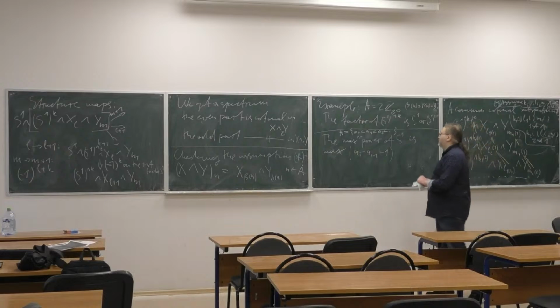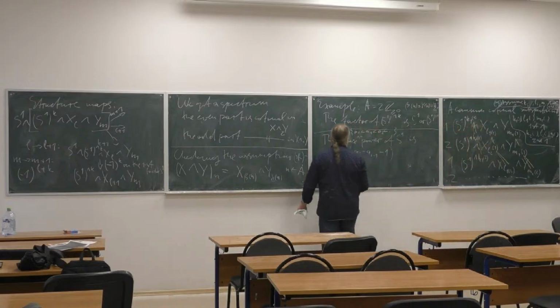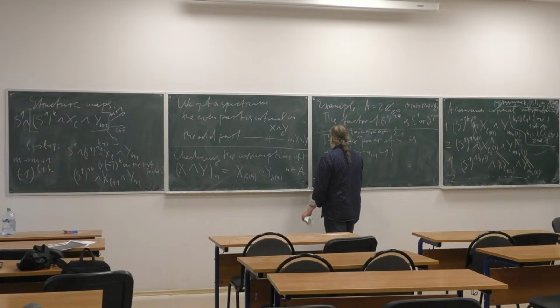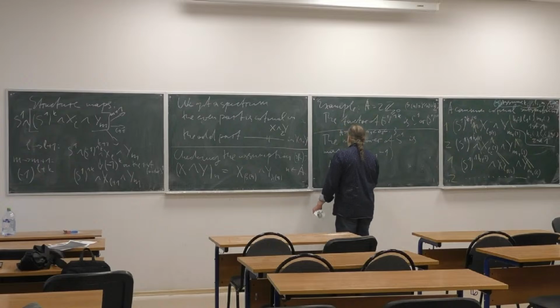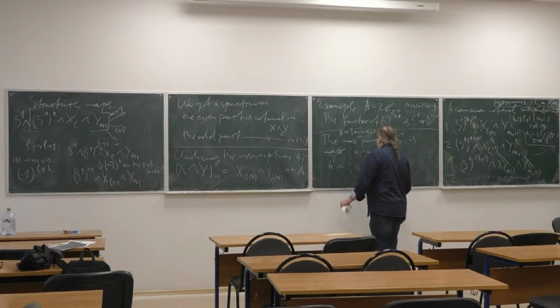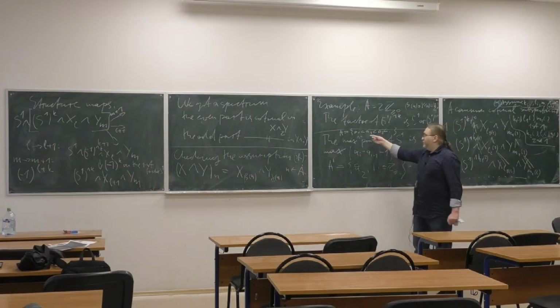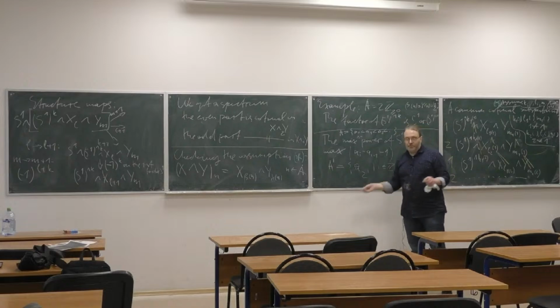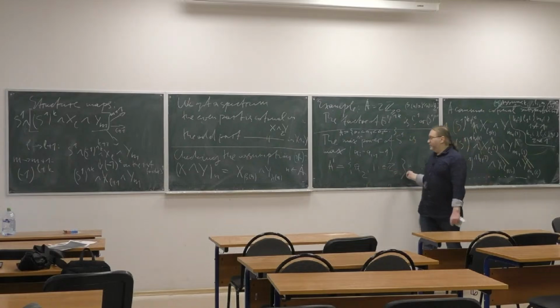So let's just replace A by A prime, which is A to the I. Okay, so instead of taking all of A, let's take this part. It's very small, but it's still cofinal.